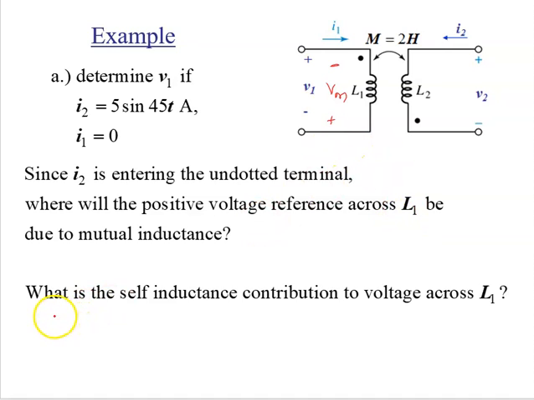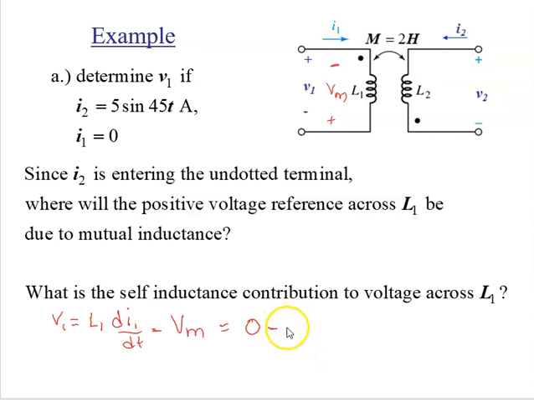So in general, we do have an I2 flowing. In general, our V1 is going to be equal to L1 di1/dt minus that VM. I1 is equal to 0, so it's going to be 0 minus... is this the same problem? It seems like the same problem.